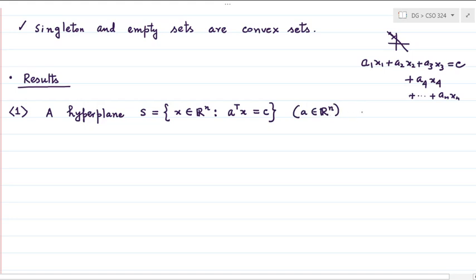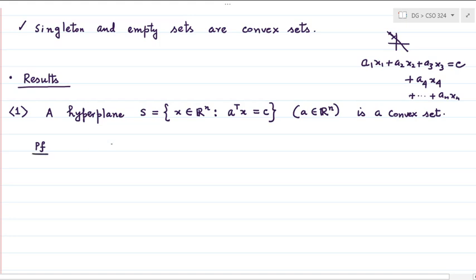The hyperplane S is a convex set. Sometimes it is also called a convex set in Rn, because the geometric region corresponding to the set capital S is a subset of the n-dimensional Euclidean space. Fine. Here, let me just prove it. The proof is very simple. Here, let me just give a hint of it.